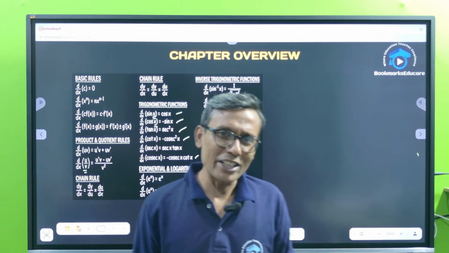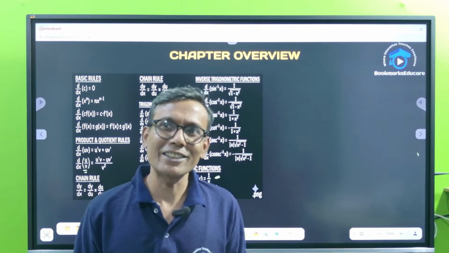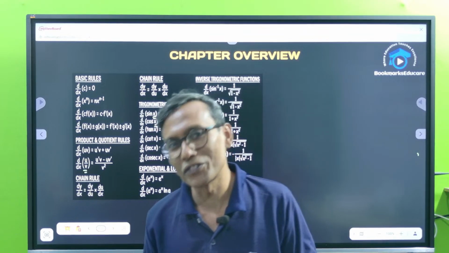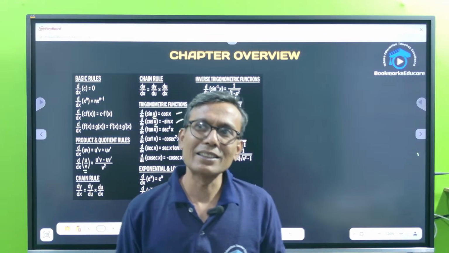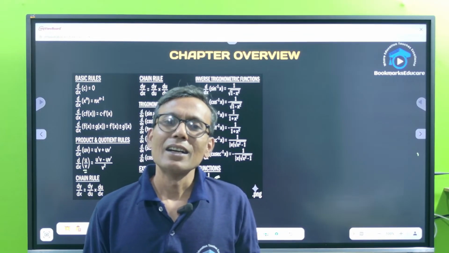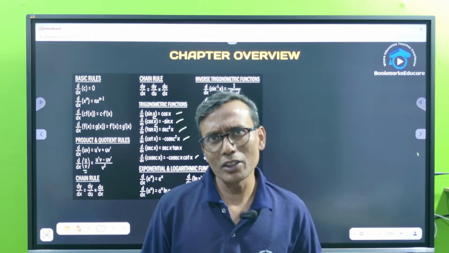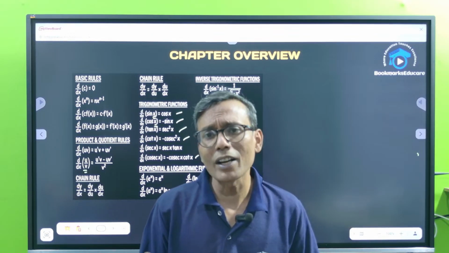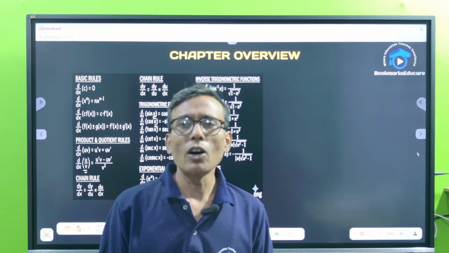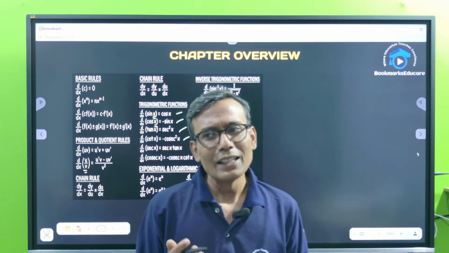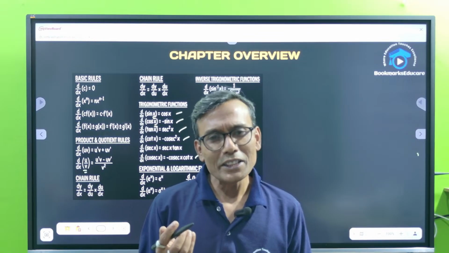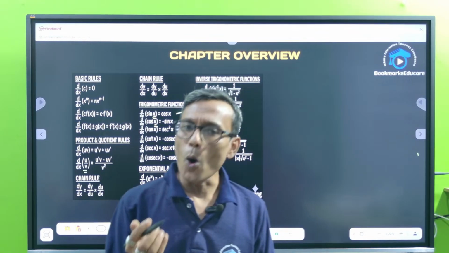It is also described as the rate of change, and it indicates the concavity of a curve. It also indicates the inflection point.